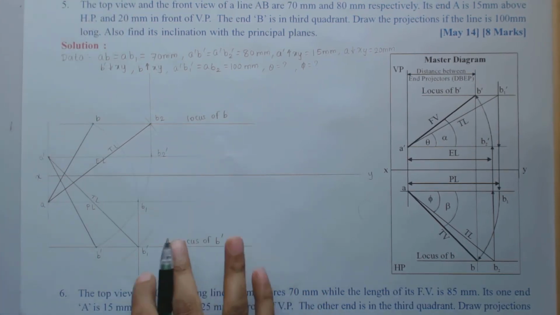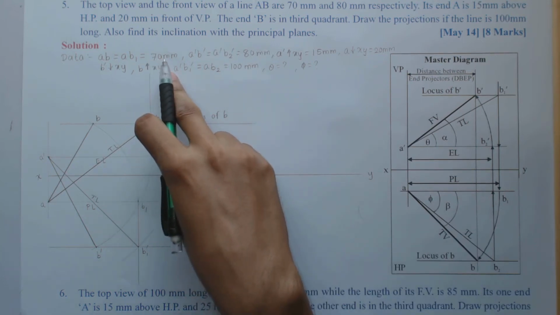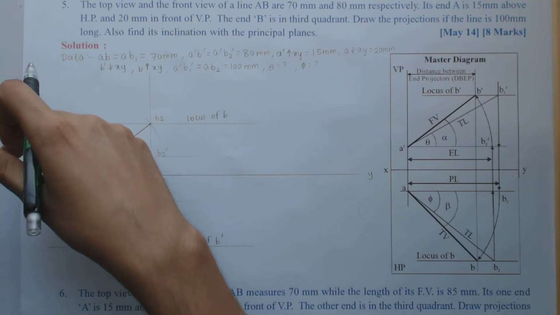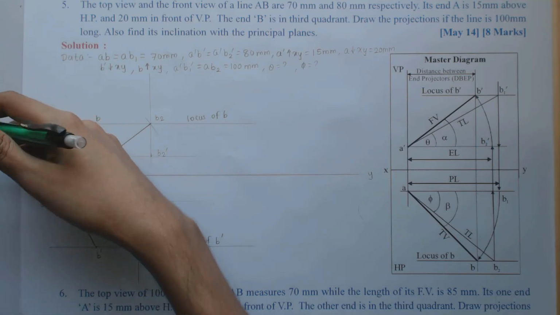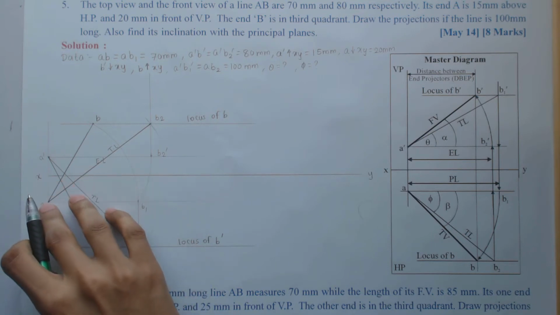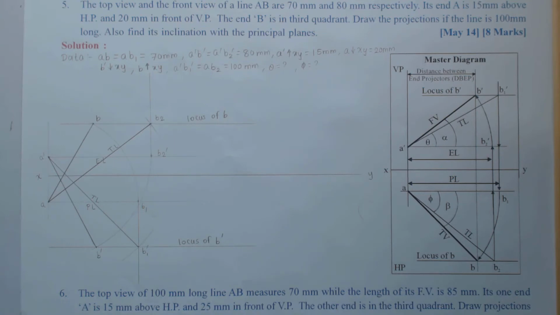Now it is not similar to the master diagram solution because point B is in the third quadrant. So front view will come from above XY in the downward direction, and top view will be starting from below XY and it will go above XY.